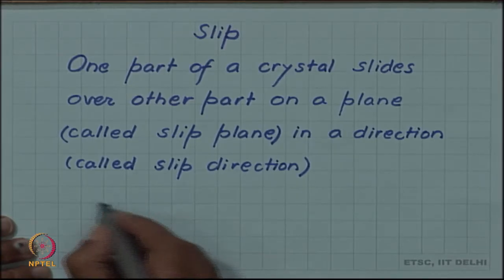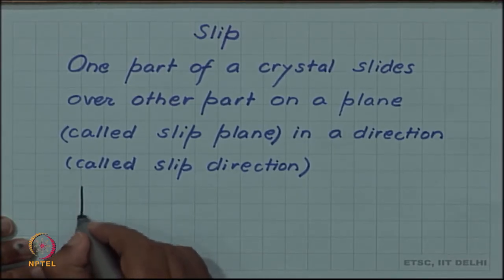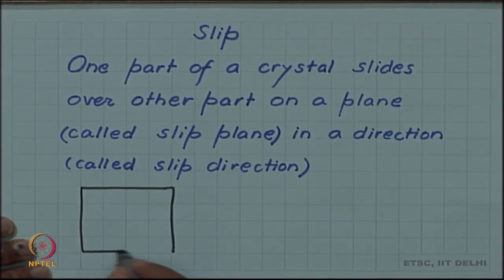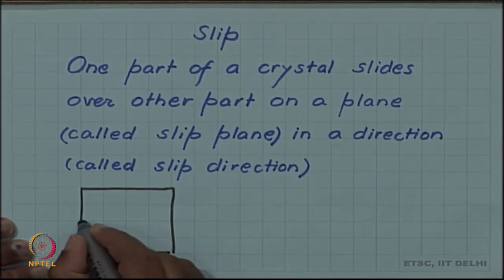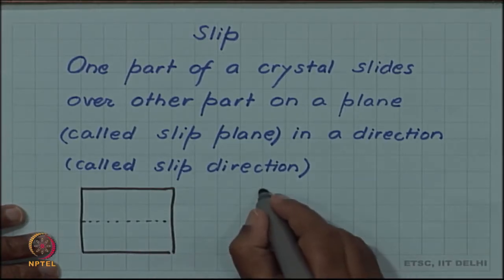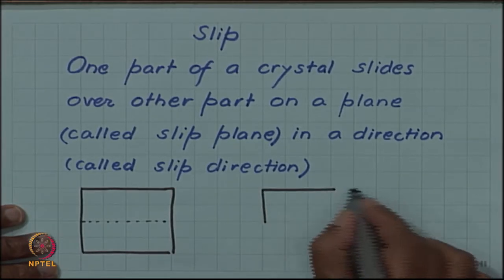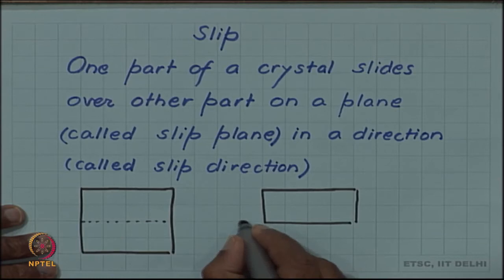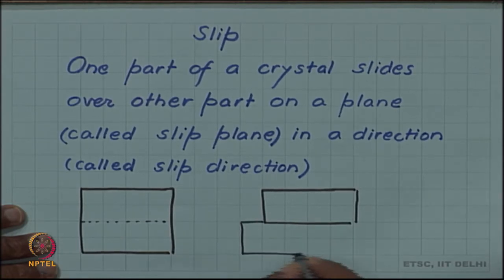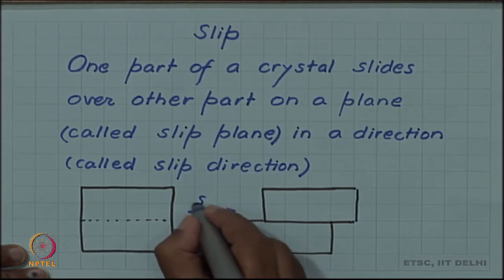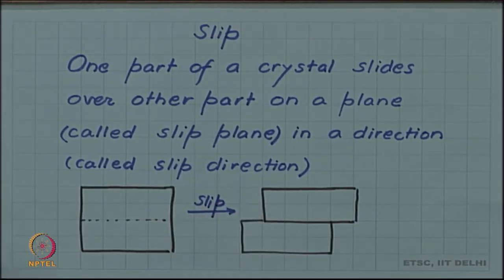Recall that we had something like this: if we have a block of material, and it is deforming, one way of deforming is that on a plane like this, the upper half slides with respect to the lower half, then we have obtained deformation. So, this is what we are calling slip.